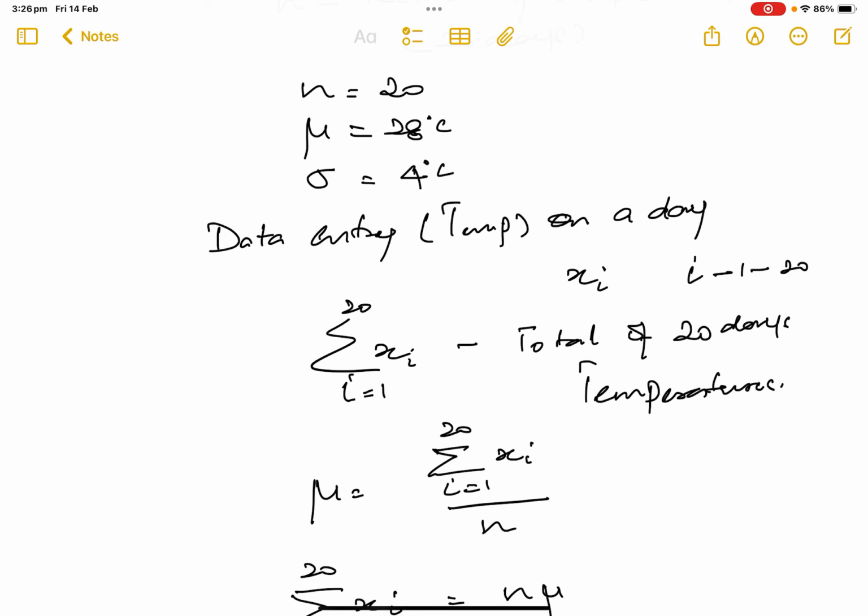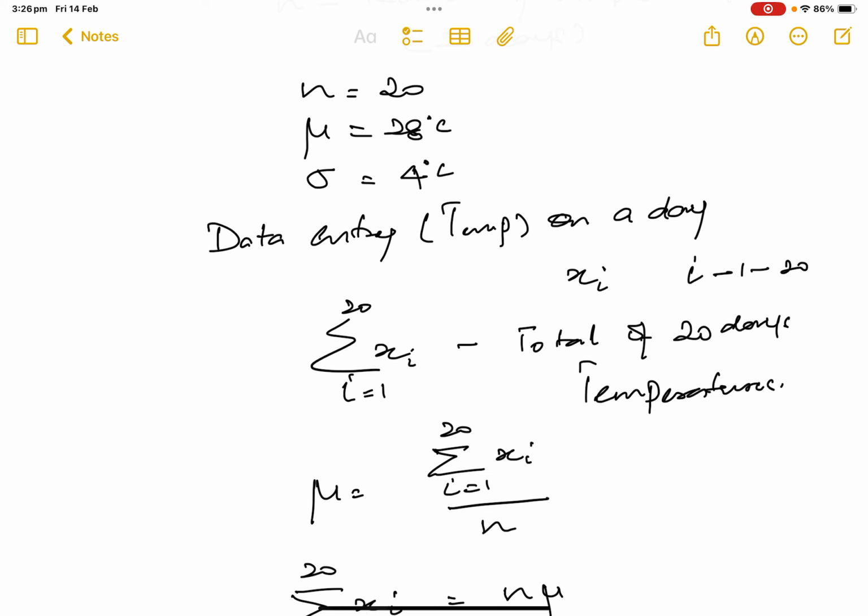So the sum of xi, i equals 1 to 20, gives you the total value recorded during the 20 days. So it's x1 plus x2 plus x3 and so on up to x20.